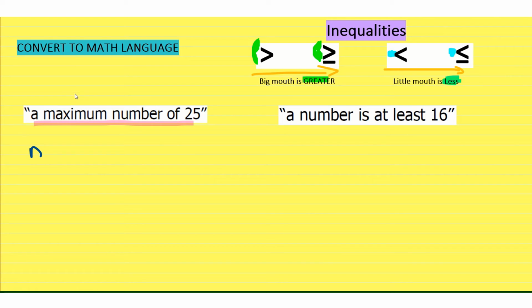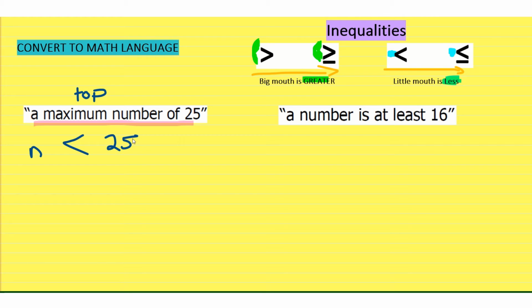The maximum number means that the top number is 25. So if 25 is the top number, can my number be greater than 25? No, all of my numbers must be less than 25.